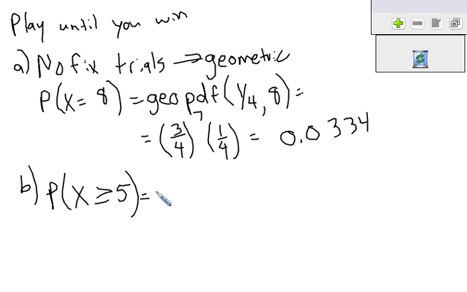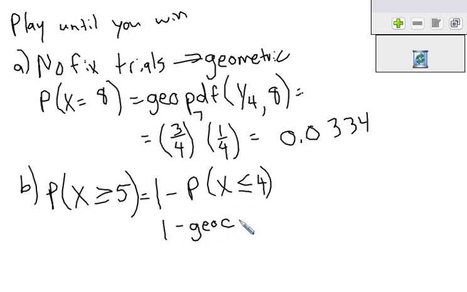Which is going to be 1 minus the probability that x is less than or equal to 4. Remember, calculator, you want to go less than or equal to. So you're going to do 1 minus geometric CDF, because we're accumulating 1, 2, 3, and 4.